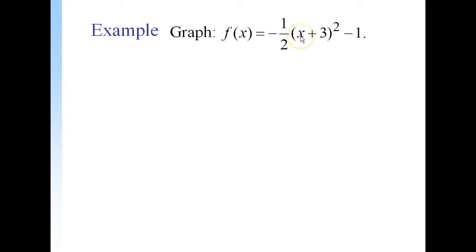Now, in regard to your axis of symmetry, this is a +3. So it's going to shift it over to a -3 on the x-axis. And this is -1. It's going to shift this down now. Actually, this sign is, as is read, a negative. It's going to shift it down to a -1 on the y-axis.